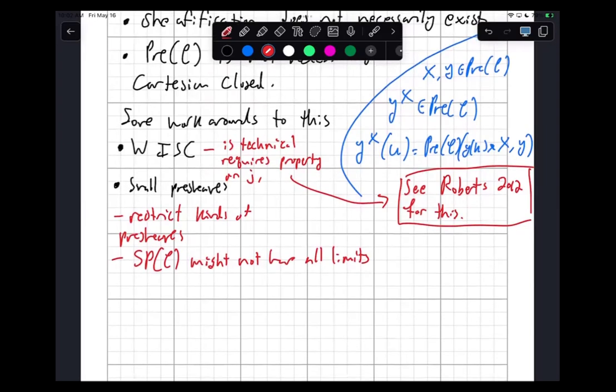Now the third solution is my favorite, and this is one that Mahmoud has actually used in one of his papers, and also what Barwick and Hine have used. So we call this the very small Grothendieck universe. The solution is to fix three Grothendieck universes.